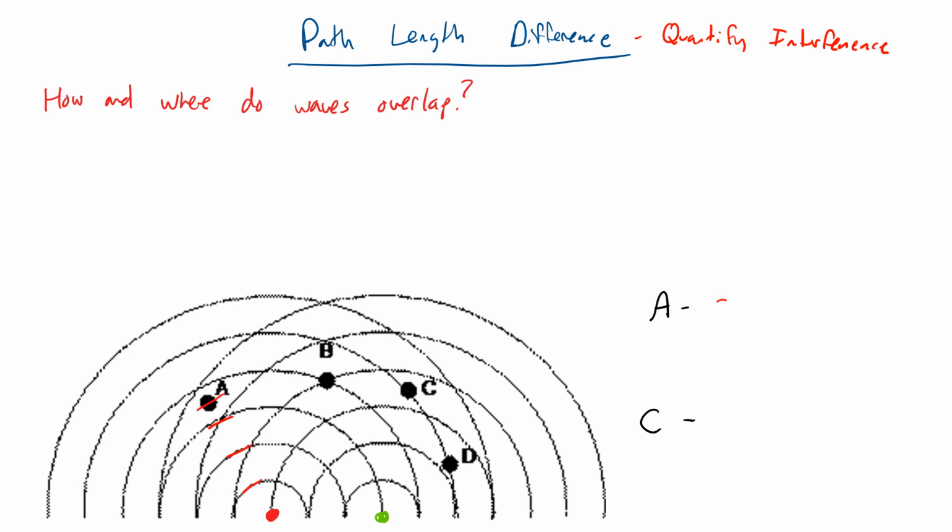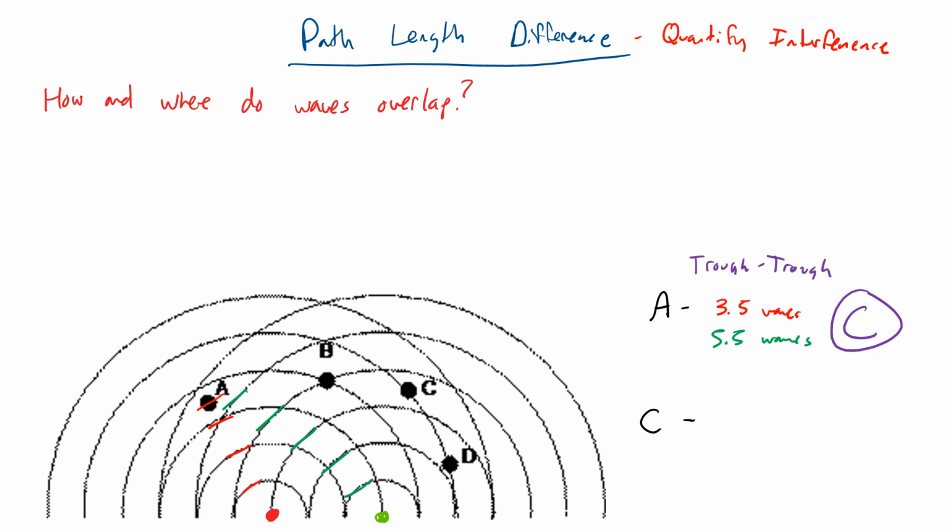So point A is 3.5 waves or peaks away from that source, whereas the green one is 1, 2, 3, 4, 5.5. So if I have 5.5 and 3.5, well, you see that those both land on troughs. And so since that's a trough-trough interaction, I have constructive interference.